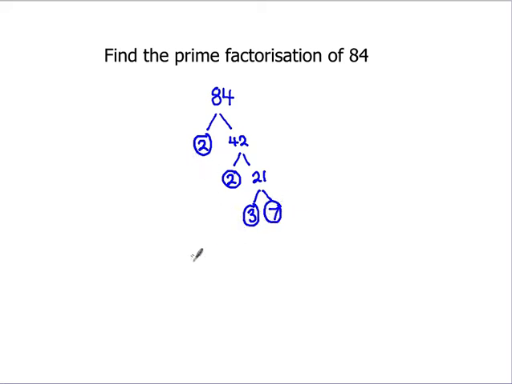We've closed all routes off. So the prime factorisation of 84 must be 2 times 2 times 3 times 7. So let's check it works. 2 times 2 is 4, times 3 is 12, times 7 is 84. I'm going to write this out with powers. We've got 2 times 2 here, so we'll call that 2 squared. And then we've got times 3 times 7.